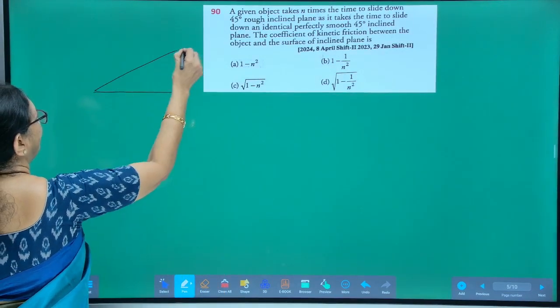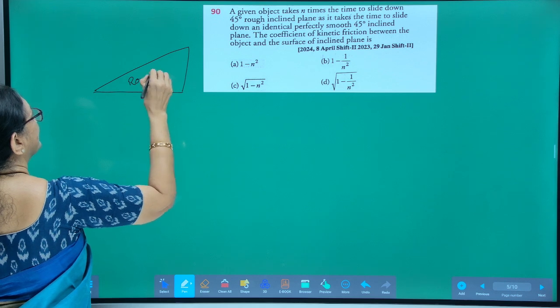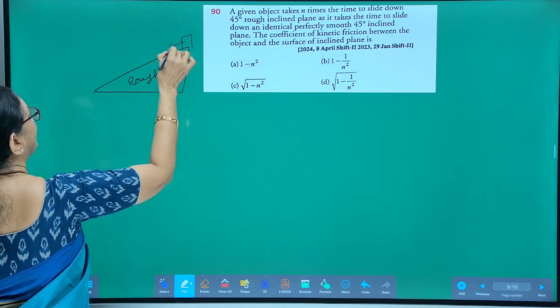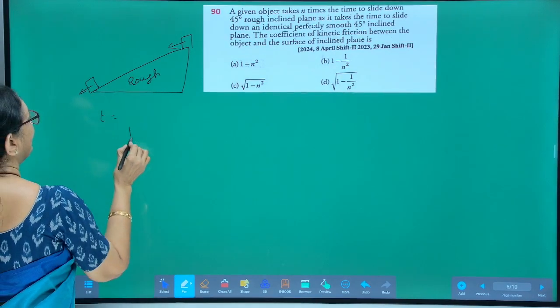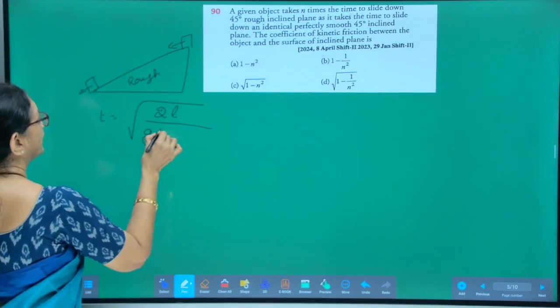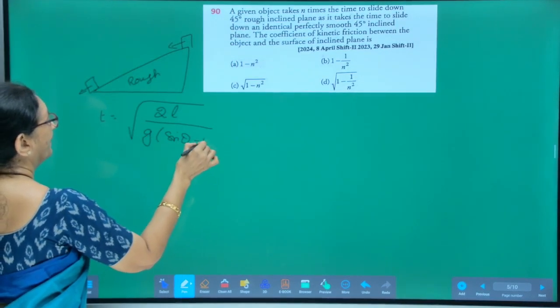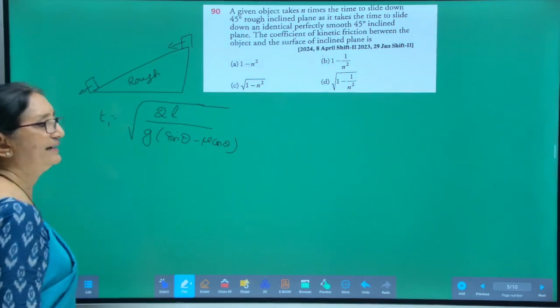Suppose this is a rough surface. The time taken by it to slide down the incline, t, is equal to square root of 2L by g sin theta minus mu cos theta. That is taken as T1.